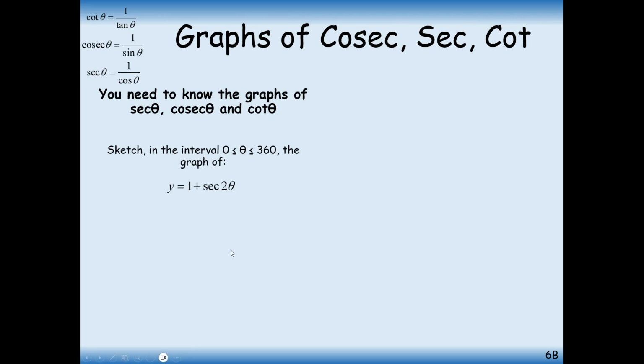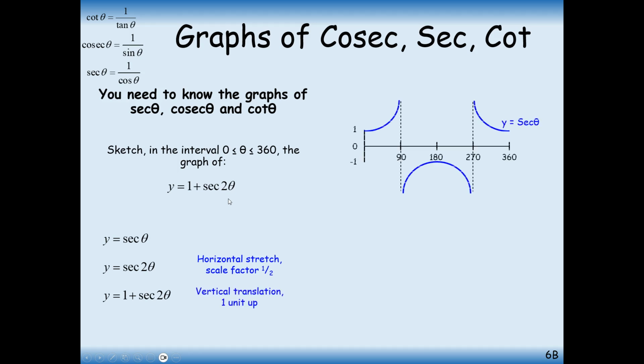So to sketch this graph, we know that there is a 1 outside the function added to the secant curve, so it will translate the graph up by 1 unit, and the 2 in front of the theta means that there is a stretch factor of a half. So the values will get closer to the zero or y-axis.